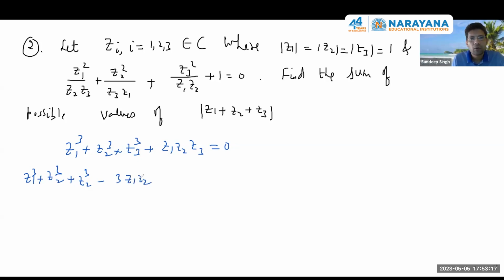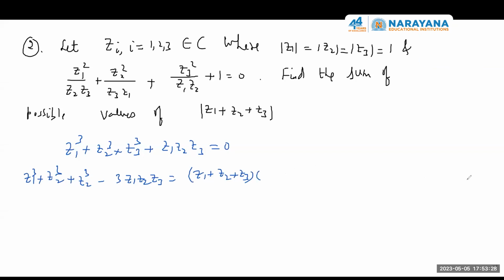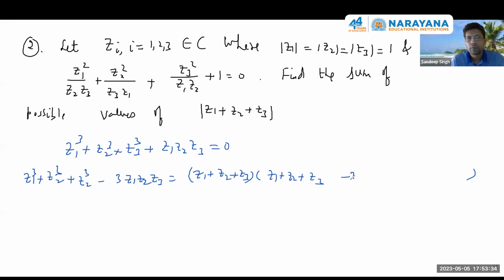What factorization? You already know. This is equal to z1 plus z2 plus z3 into z1 minus z2 whole square plus z3, minus 3.